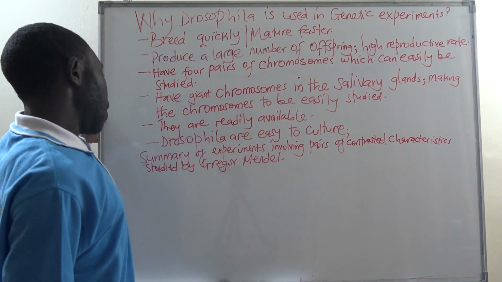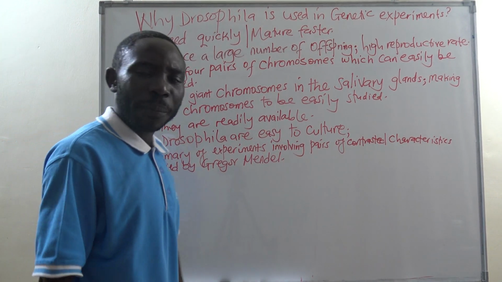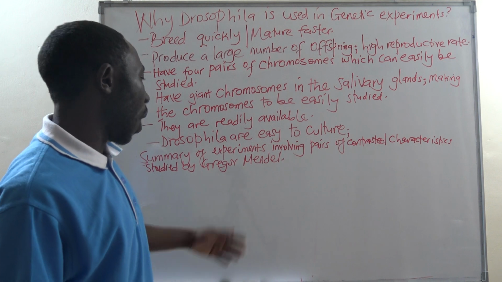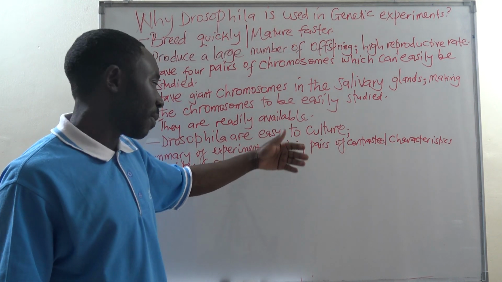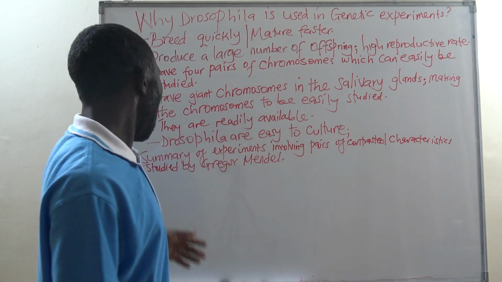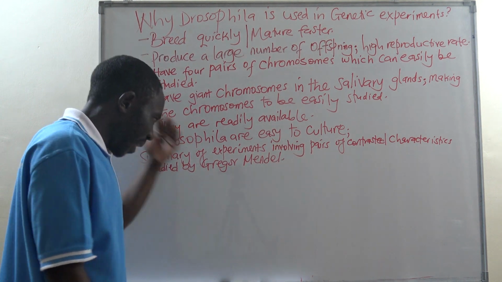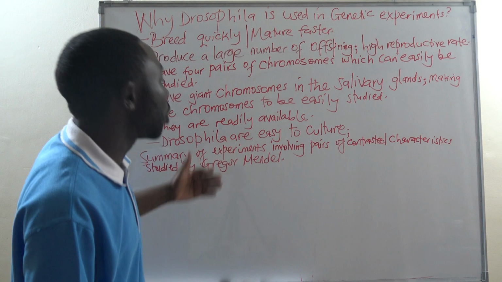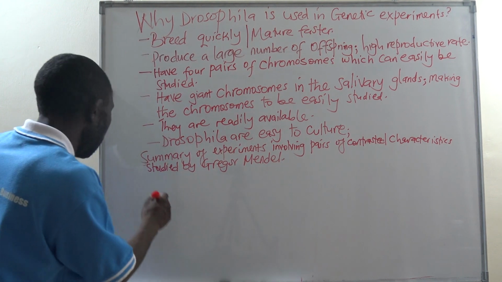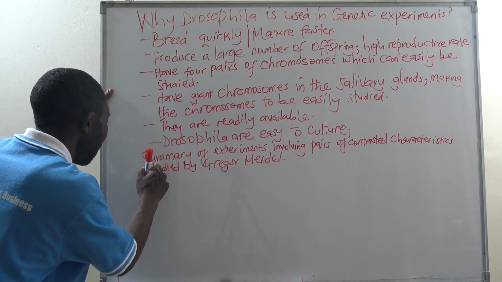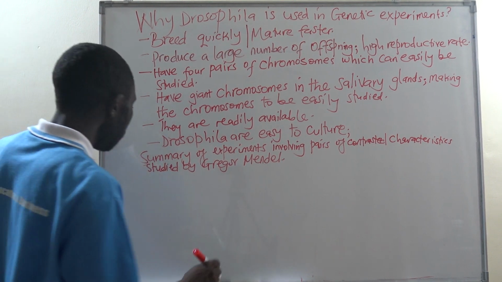So the scholar who is outside there, don't just stick to height as the only character which was studied in monohybrid inheritance by Mendel, but this man studied a number of characteristics, as I am going to list them in the table here.